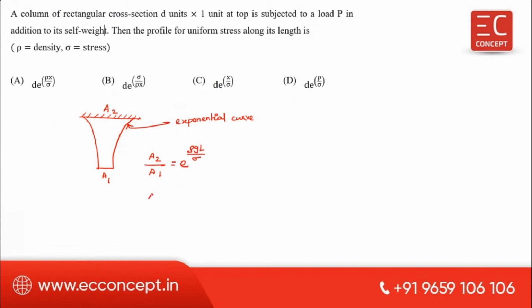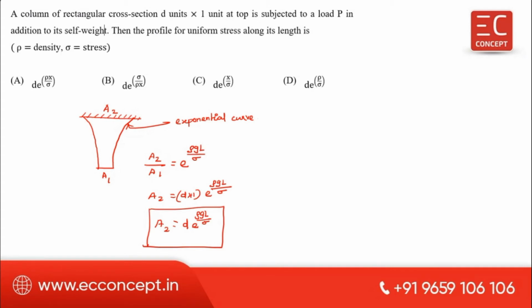Now A2 we can write, what is A1? The initial cross-section area they gave is D into 1. Therefore D into 1 into e power rho GL divided by sigma. So finally D into e power rho GL divided by sigma. So this is our A2 now.